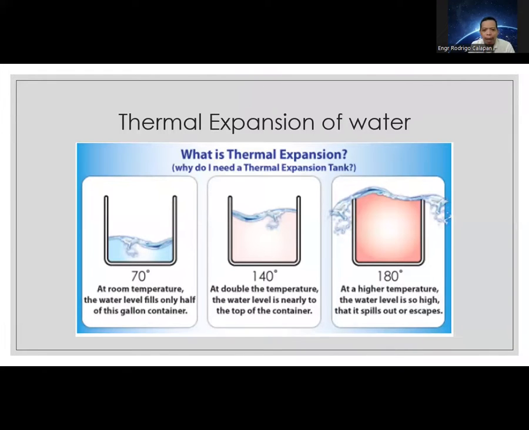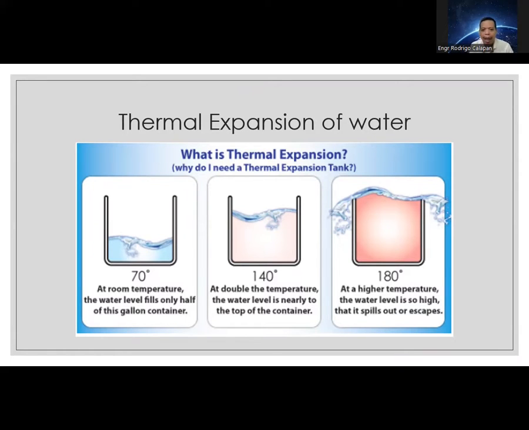The thermal expansion of water, that is, the coefficient of volume expansion of water, varies with temperature. The density of water increases from 0 degrees Celsius to 4 degrees Celsius and then starts decreasing.